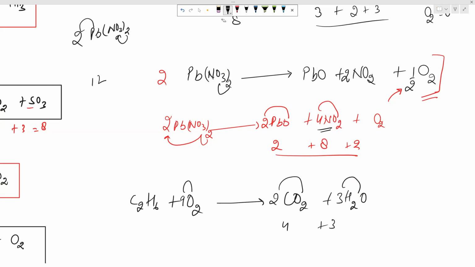So how will you balance? Wait, let me do it again. Nabila, did you do this one? No, sir. Try it once more. Balance that element first which is least repeating. So either balance the carbon or hydrogen. Don't balance the oxygen because oxygen is repeated multiple times, and it is also written in its elementary form.